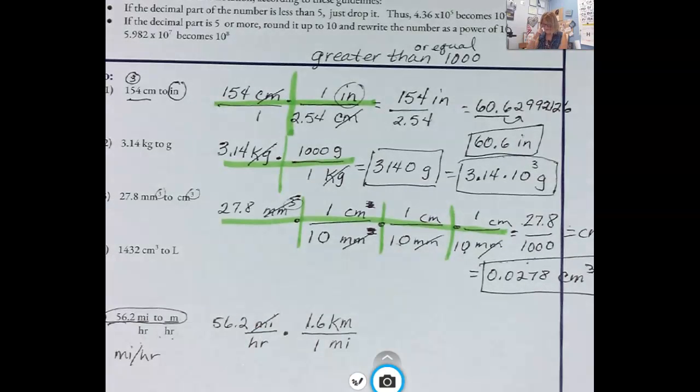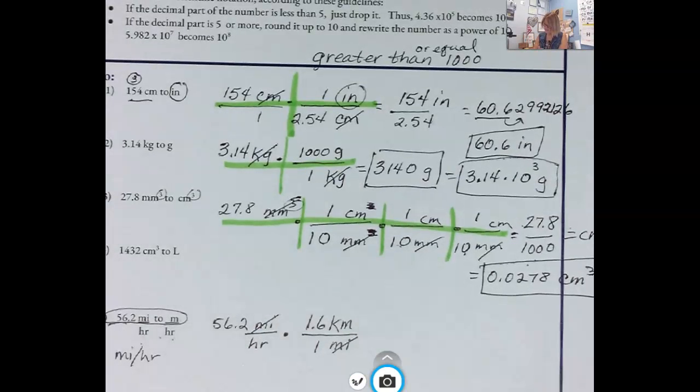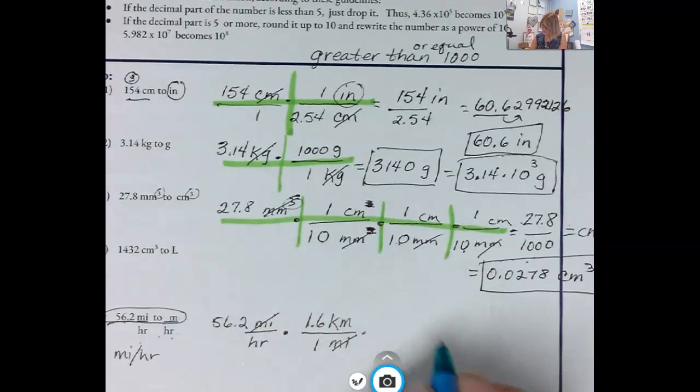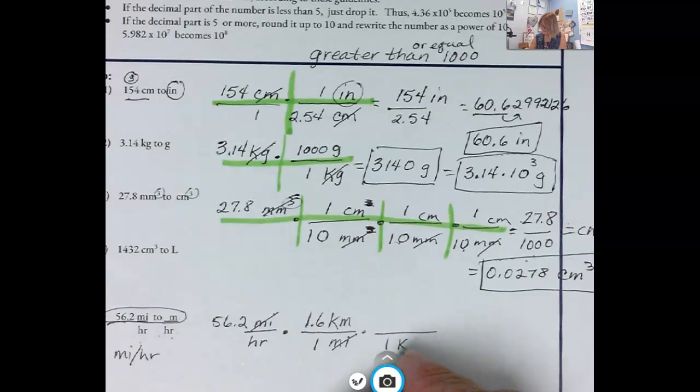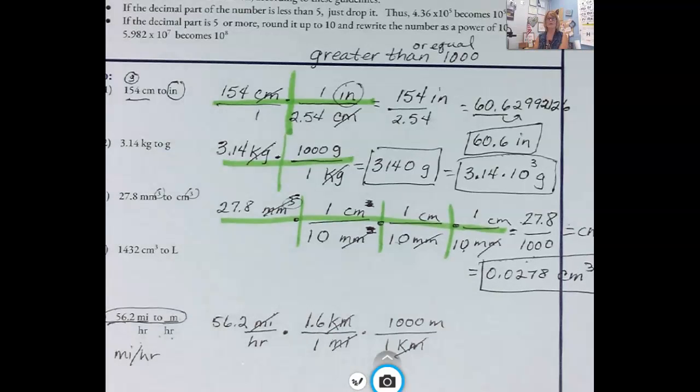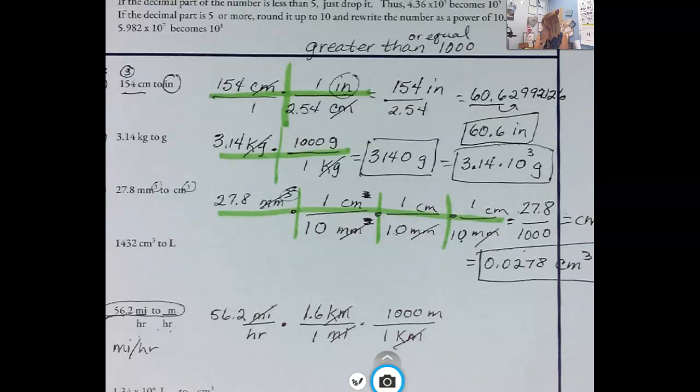And like I said, I'll try to remember to get you conversion tables, if it's not in your book already. And then this is where we have to do two. We know 1 kilometer is then 1,000 meters. So there's times you might have to do more than one conversion to get you where you need it.